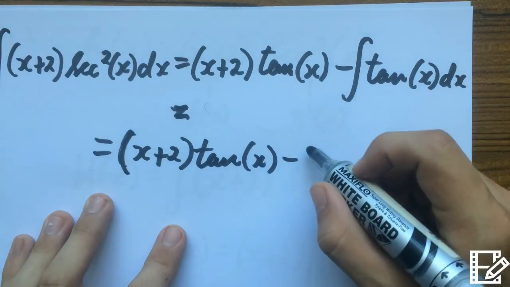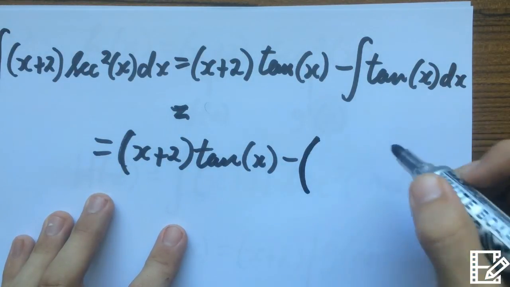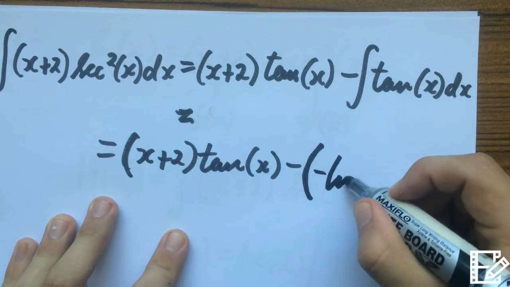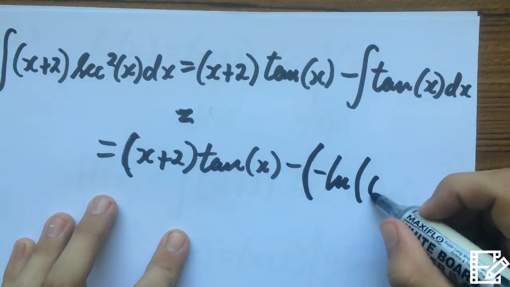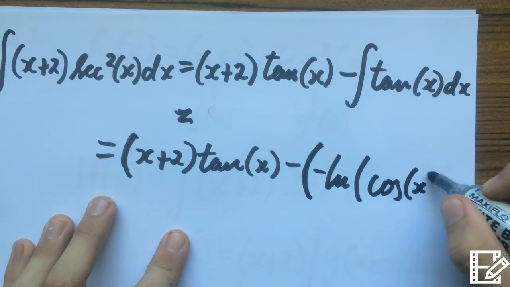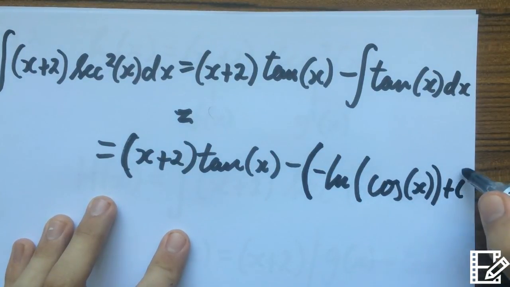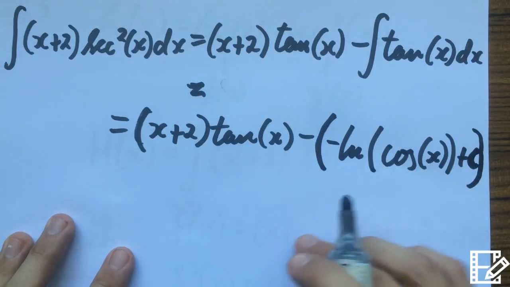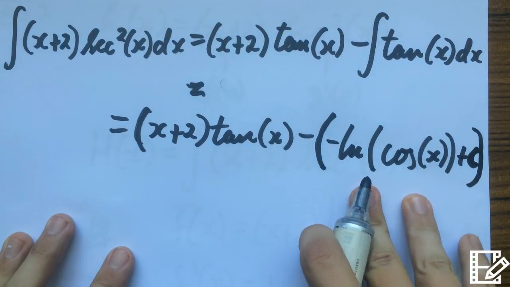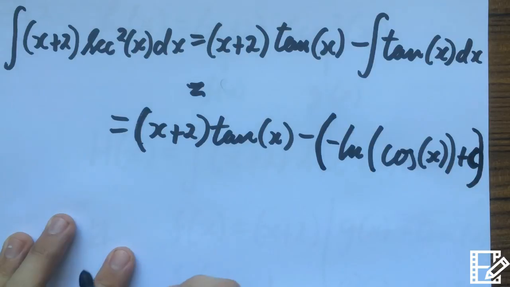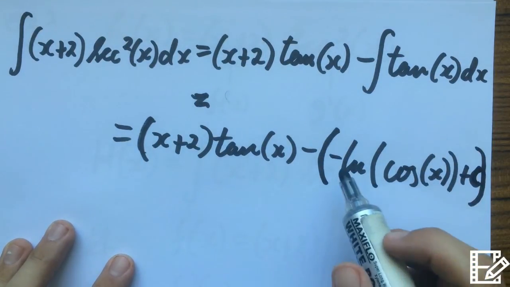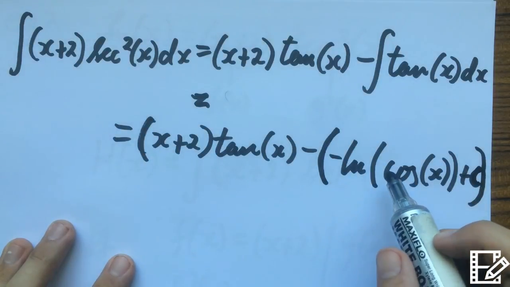Well, the integral of tan x is negative natural log of cos x, and then we've got plus c on the very end. That's in the textbook, because that's what it is. When you find the integral of tan x, you get something like this, negative natural log of cos x.